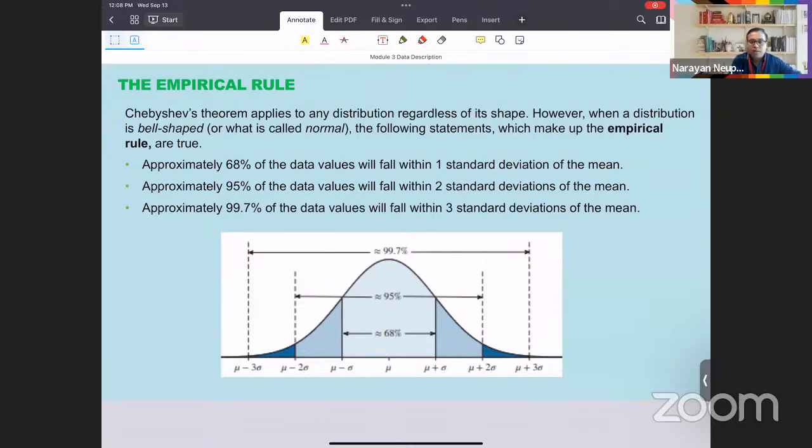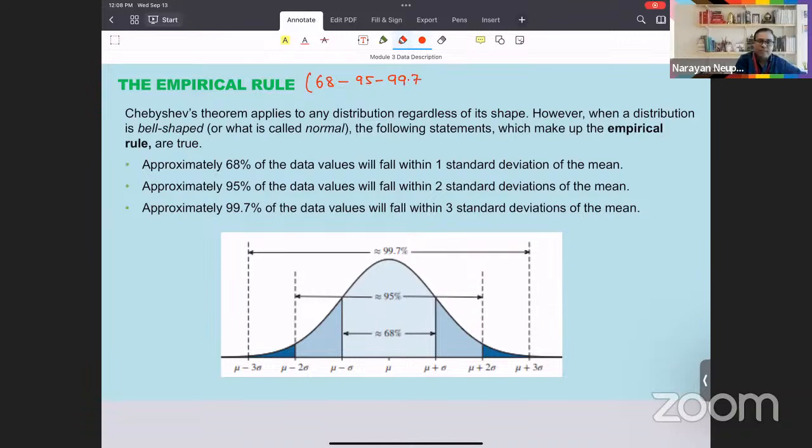If we go 2 standard deviations up and 2 down, within 2 standard deviations is approximately 95%. And if we go 3 standard deviations, we capture almost everything, 99.7% of the data.